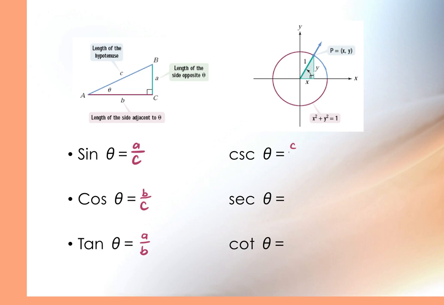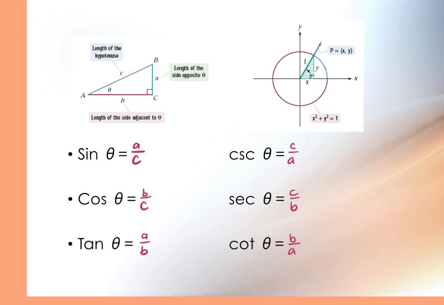So cosecant would be C over A, secant would be C over B, and cotangent would be B over A. So without a circle, or when I'm given just the right triangle, that's what it looks like.